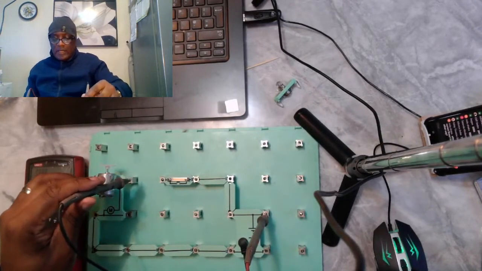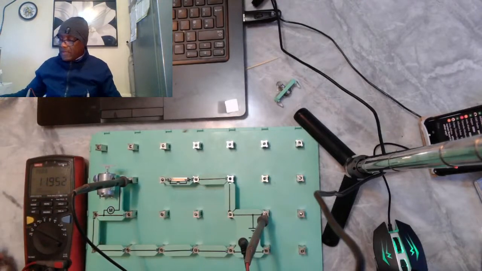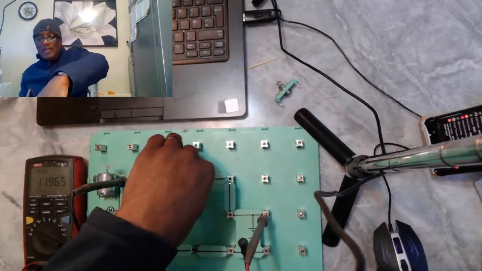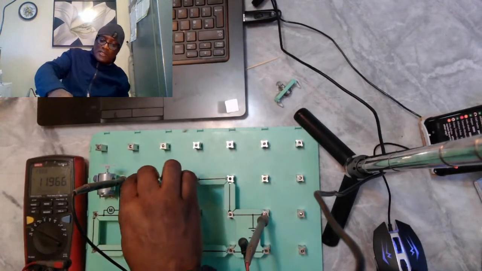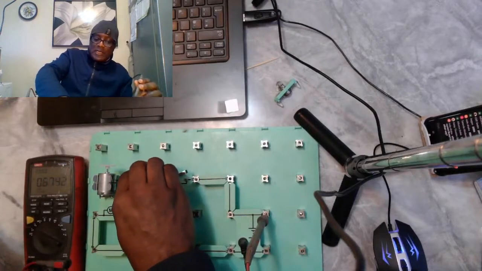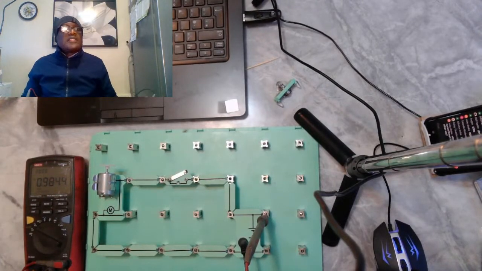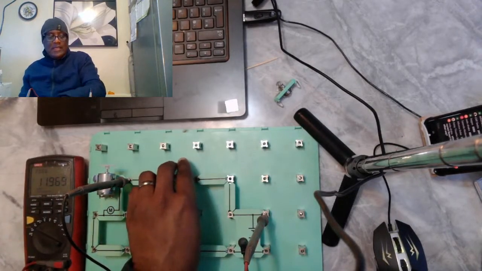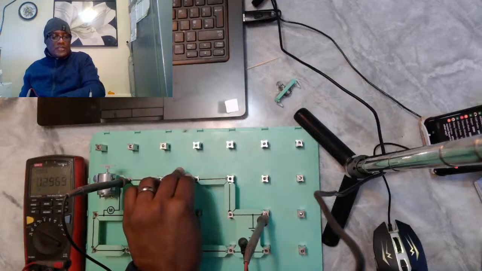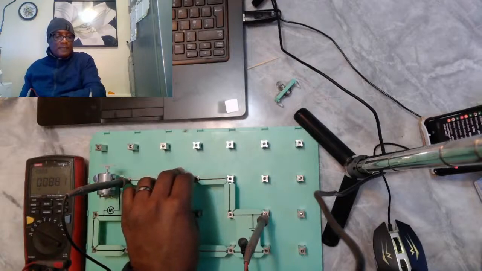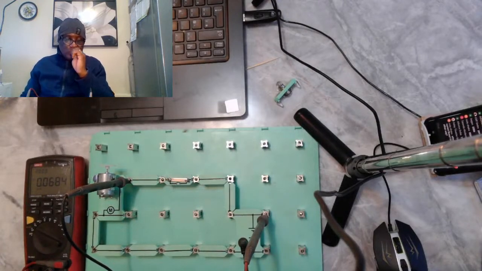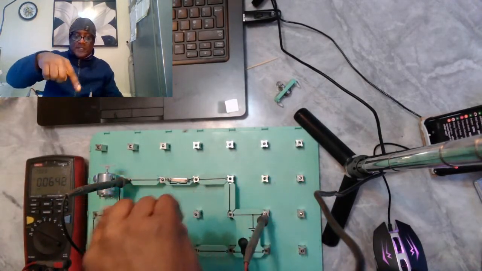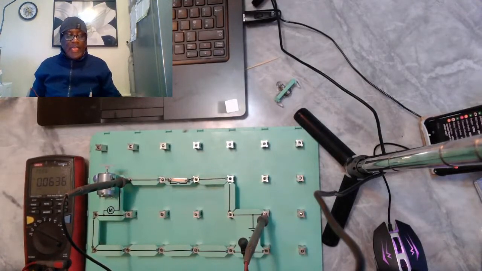And look now, I said this last week as well. Let me close that open, now that we've found it. We fix that open. Let's see what happens. I am going to close here. I am on the positive side. I'm checking the positive side with the switch closed.